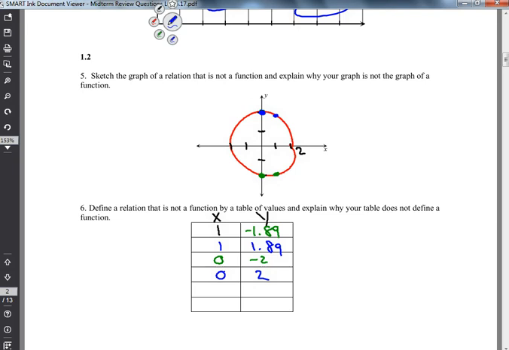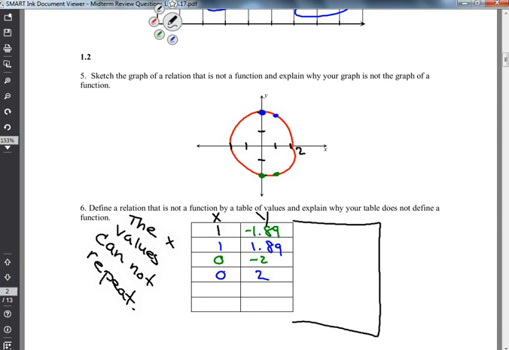So when something's not a function, the x values repeat. So notice that the x values cannot repeat. That will make it not a function if they do. So you could make any kind of chart.